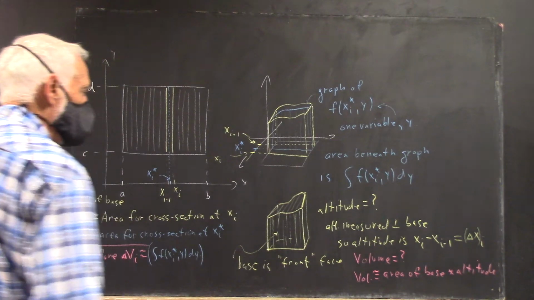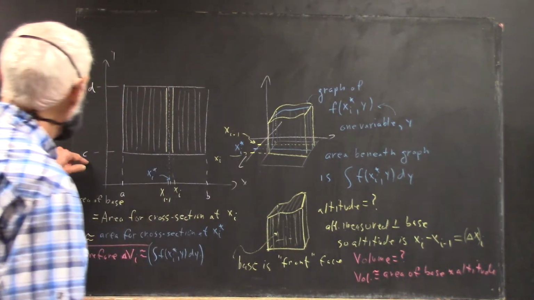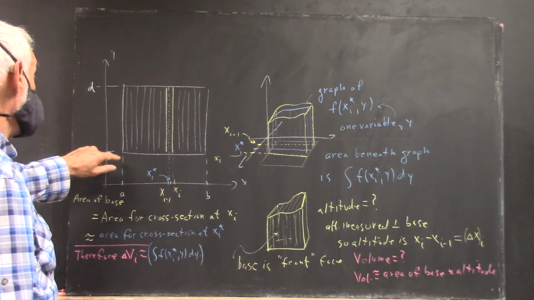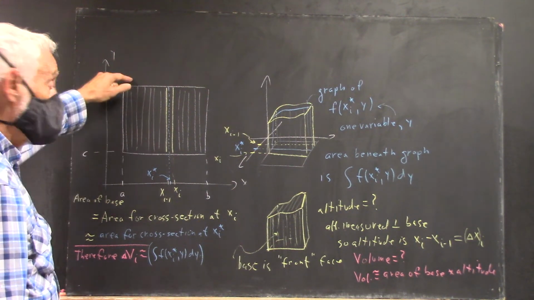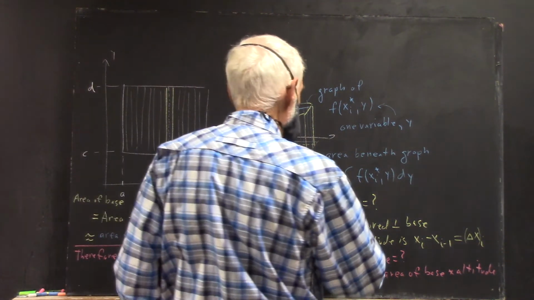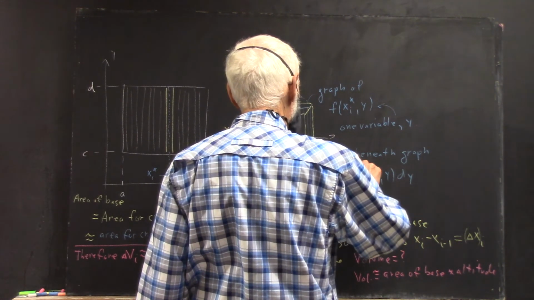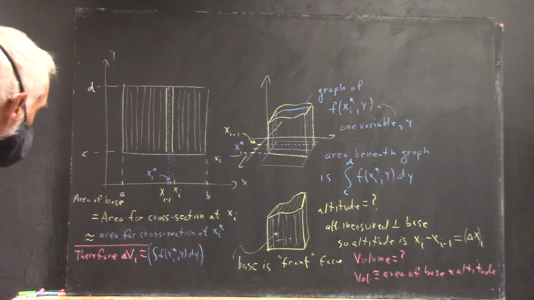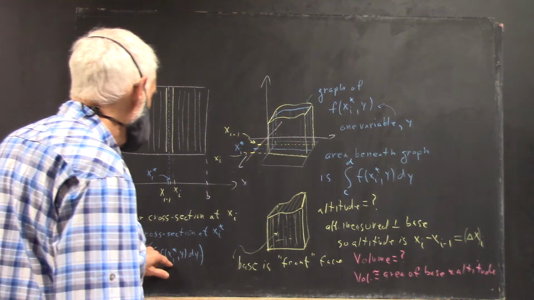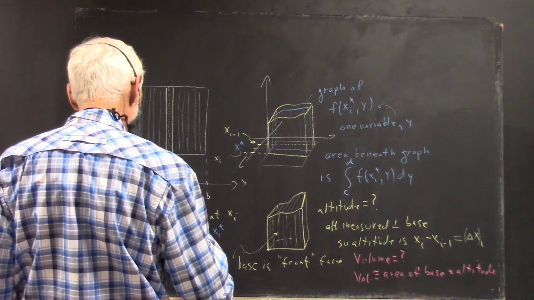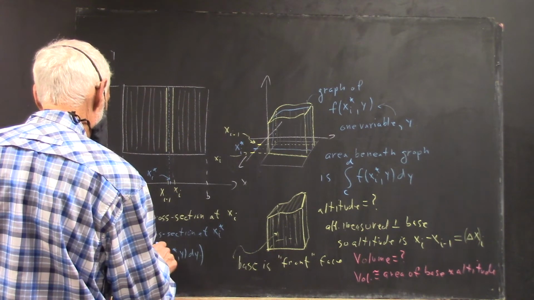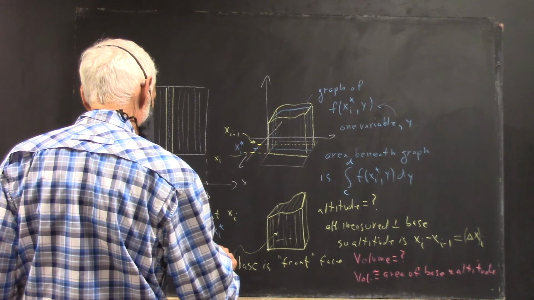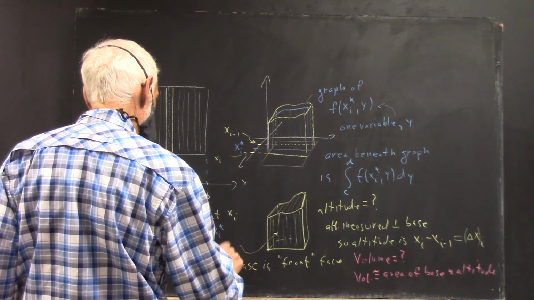And the integral would be from what to what? I put symbols for the y value here and the y value here. So the integral would be from c to d. Okay? So it's the integral of this from c to d times delta x sub i.